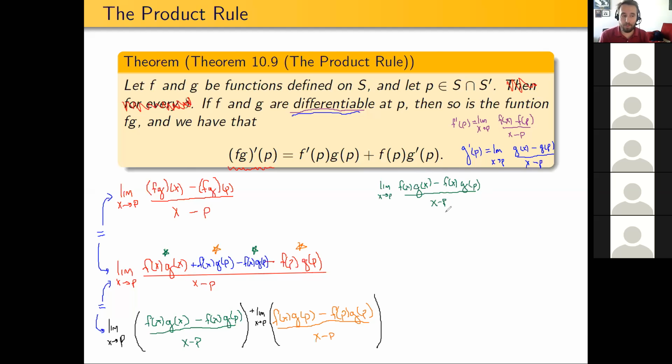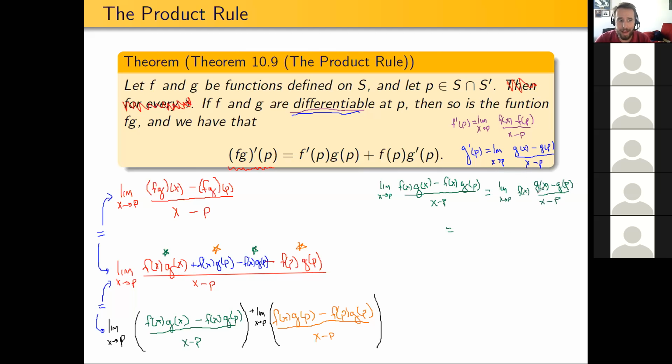Well, our limit rules, again, come into play. We see that there is an f of x in each of these terms in the numerator. And so each of those terms in the numerator can be factored, right? So we can factor out this f of x, and we get g of x minus g of p over x minus p.